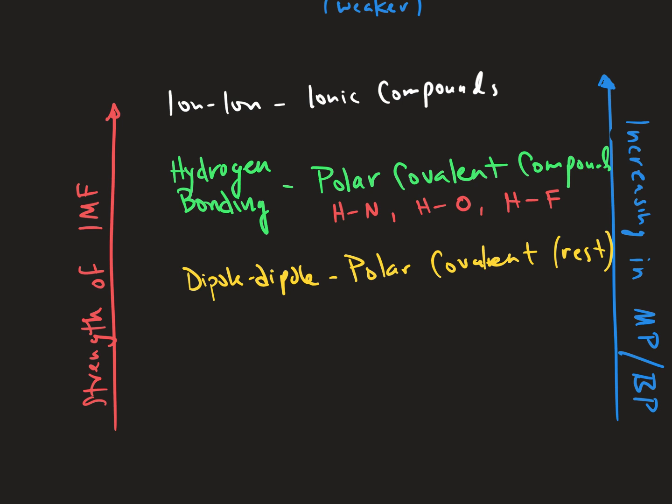And the last one is London dispersion, sometimes just called dispersion force. And these are for nonpolar molecules, nonpolar covalent. These are the weakest. And they have the lowest melting point and boiling point.